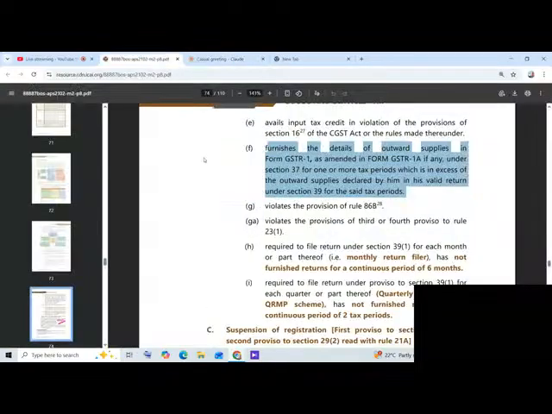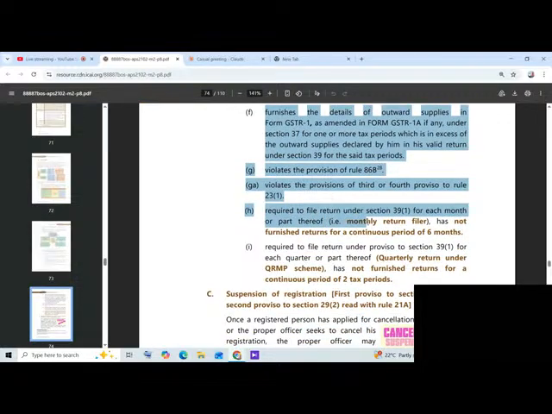Okay, let's look at this. Failure to file return under Section 39 for each month, if he has not furnished for 3 months; for each quarter, likewise.